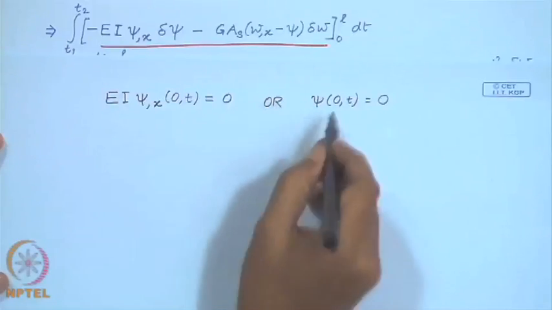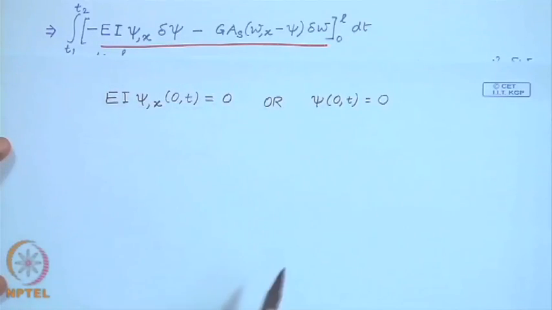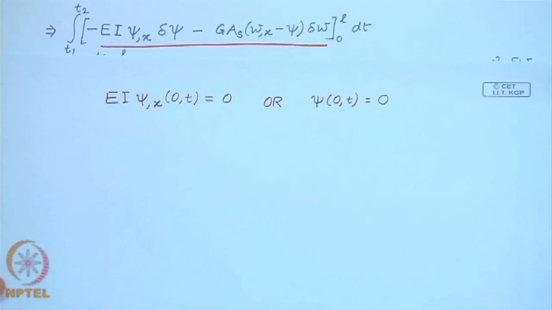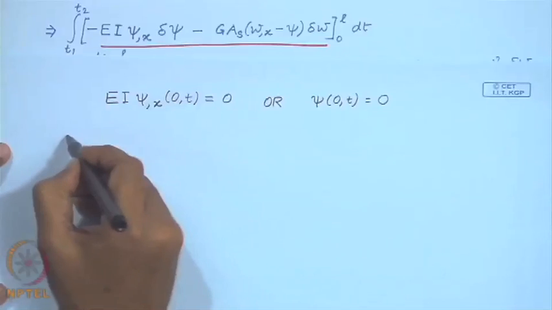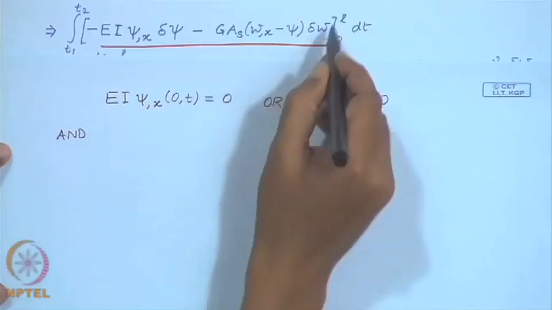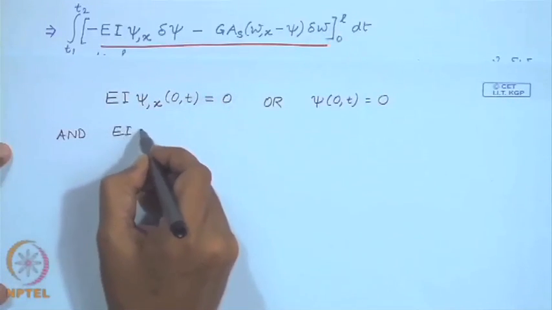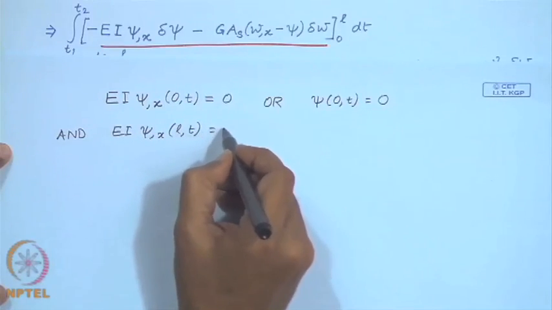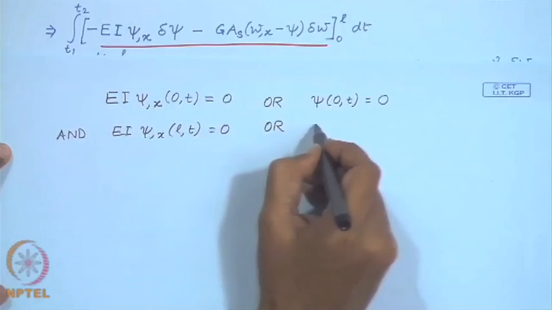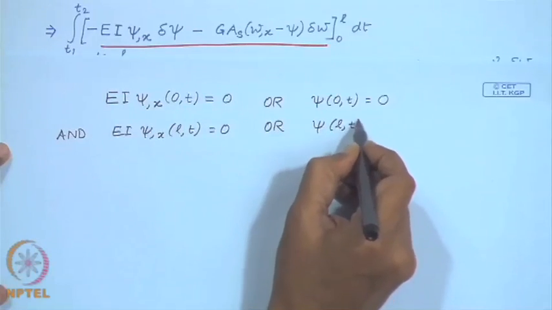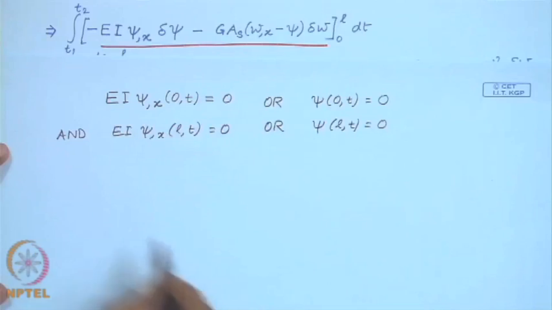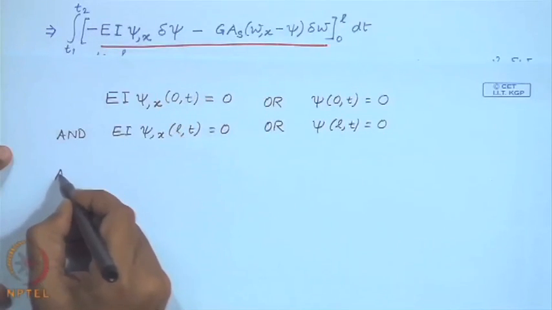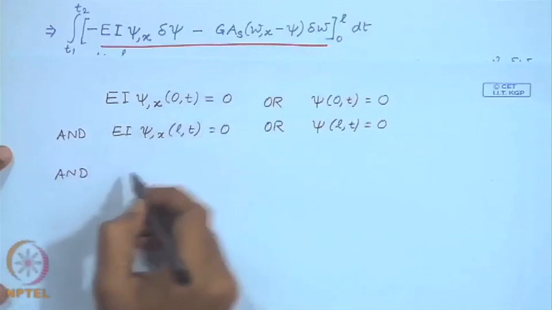So, these are connected by or, they are conjugates. So, this is the angle and this is the bending moment, and at L. So, these are the possible boundary conditions obtained from here and from here.